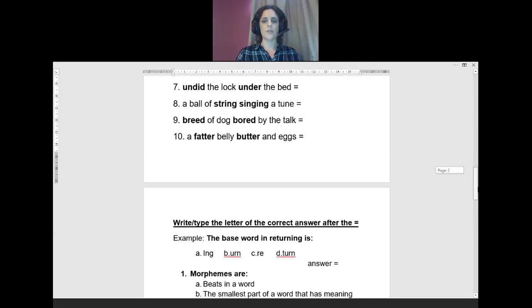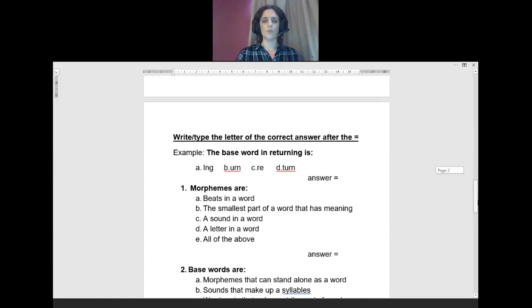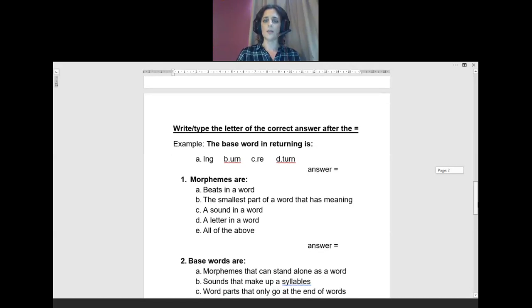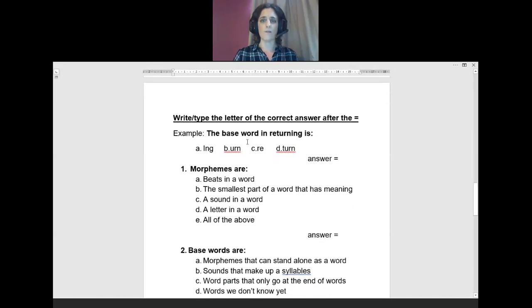Now I'm going to look at the next worksheet. This one, we have to do multiple choice. So you've got to pick which letter gives the right answer. So I'm going to do the example one, and then you can have a go at the other three questions. So the example one says, the base word in returning is ing, earn, re, or turn.